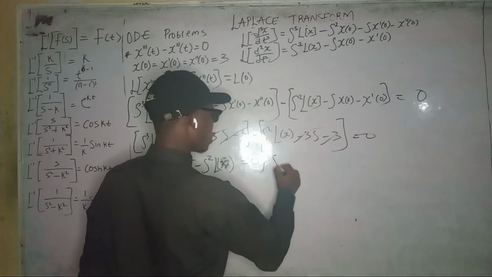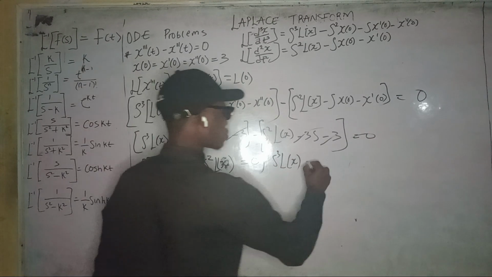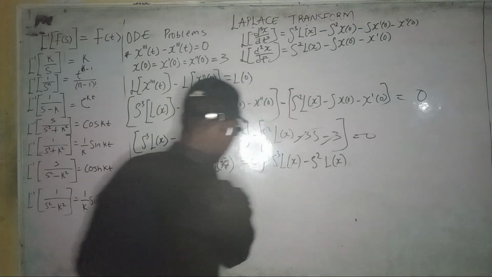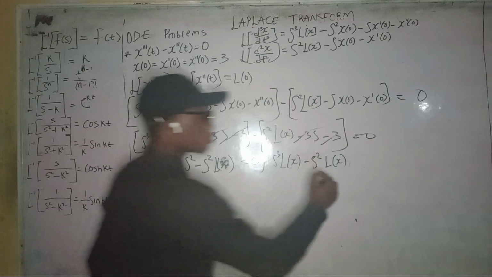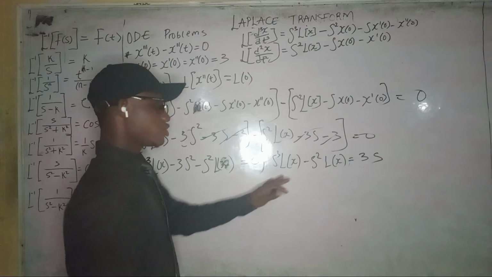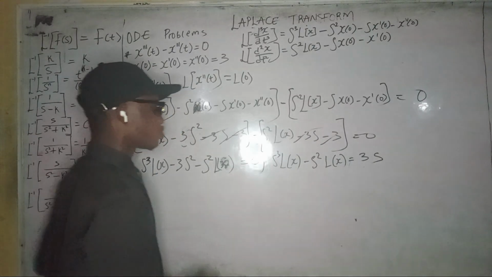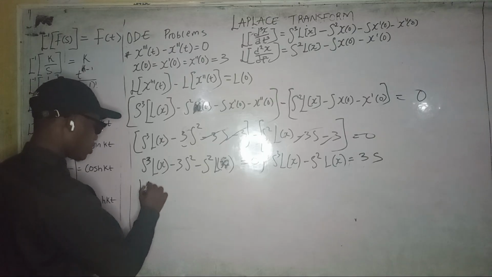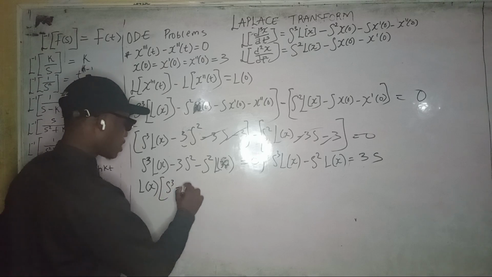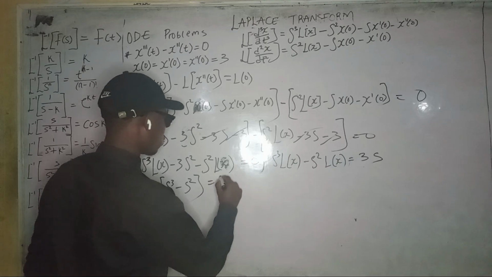So we have s cubed times the Laplace transform of x minus s squared times the Laplace transform of x. So this minus 3s goes to the other side, and we have 3s as a whole. We can simplify this by bringing the Laplace transform of x out and leaving the constants. We have the Laplace transform of x times s cubed minus s squared, which is equal to 3s.